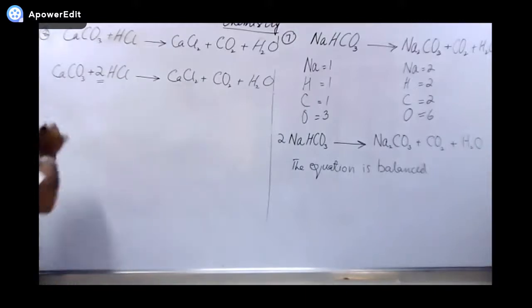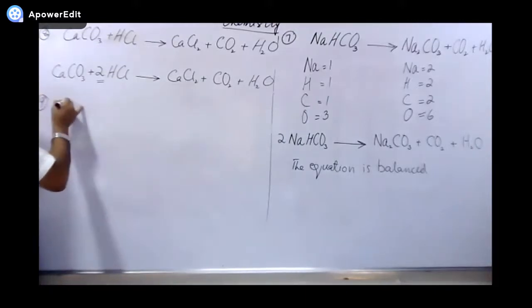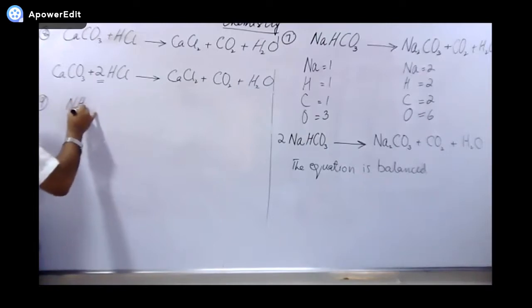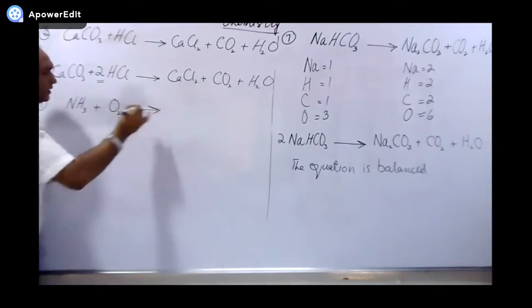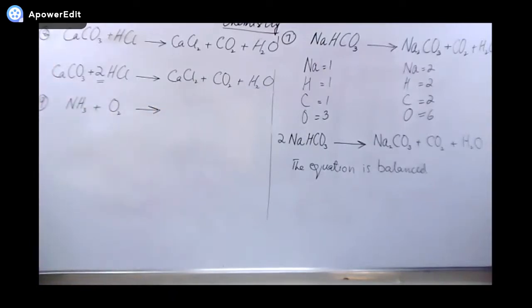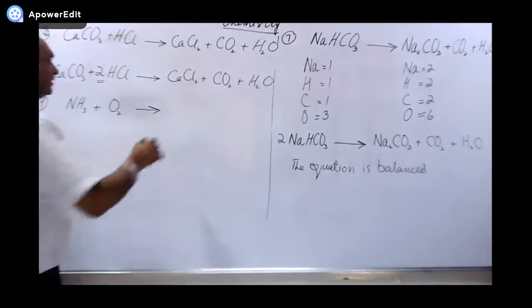And finally, the last one. Ammonia plus oxygen. NH3. What do you call NH3? Ammonia. Plus oxygen gives NO plus H2O.